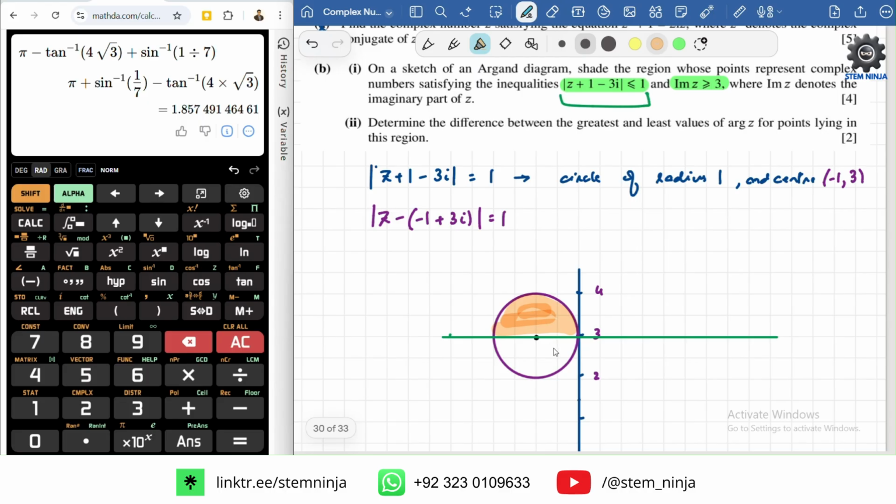This is your region. Now, we'll name these also. This is your imaginary z equals to 3, and this is your circle.